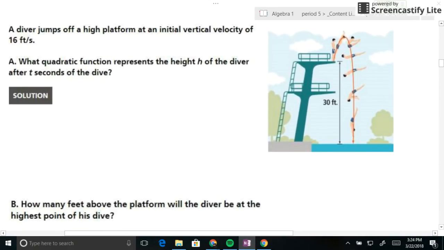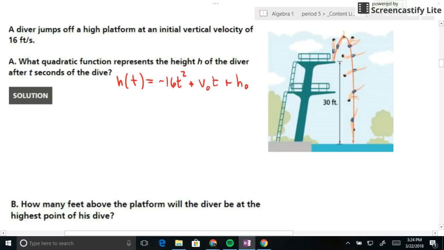A diver jumps off a platform at an initial velocity of 16 feet per second. What quadratic function represents the height of the diver after t seconds of the dive? So what we're going to do is use the equation h sub t equals negative 16 t squared plus v naught times t plus h naught.